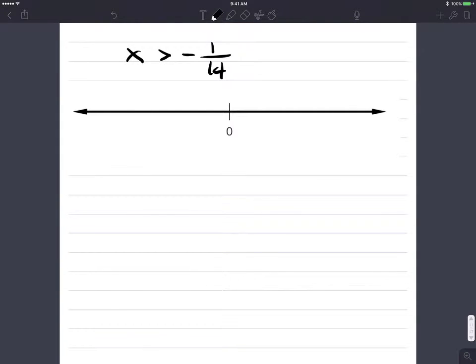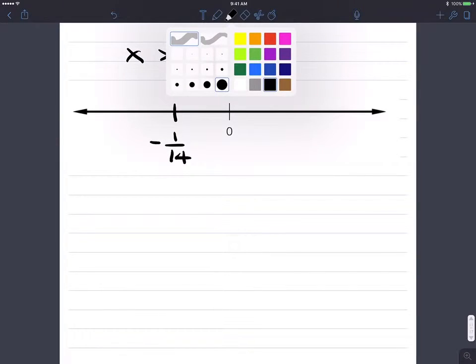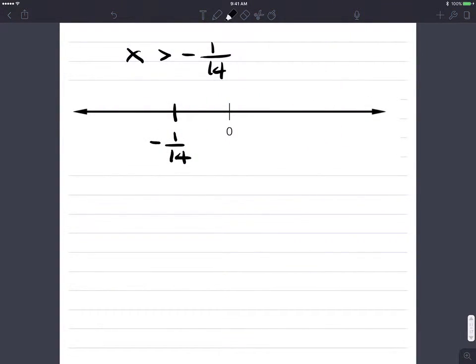Negative 1/14 is to the left of 0 where all the other negative numbers live. We're going to now have to describe numbers that are greater than the negative 1/14, and larger numbers live to the right, meaning numbers that are larger than negative 1/14 will be to the right of negative 1/14.